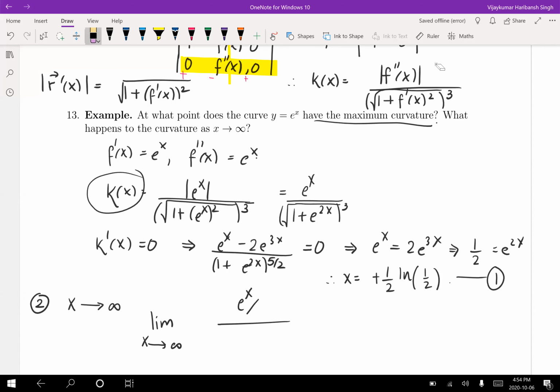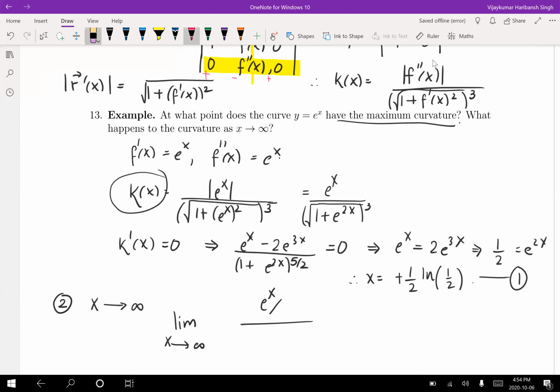So look at the denominator. It is roughly e to the power x, the whole power 3. So I'm going to divide top and bottom by e to the power 3x.